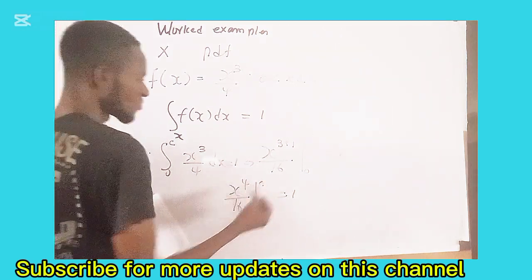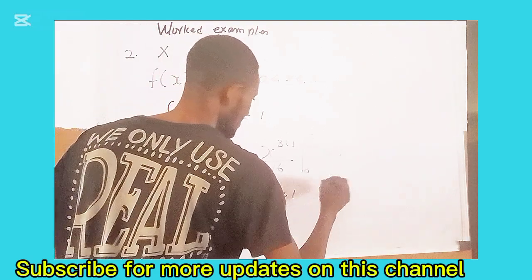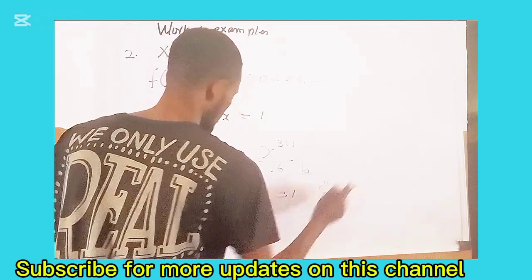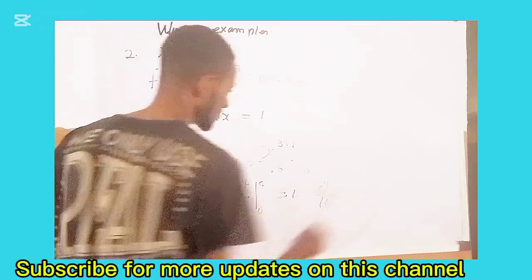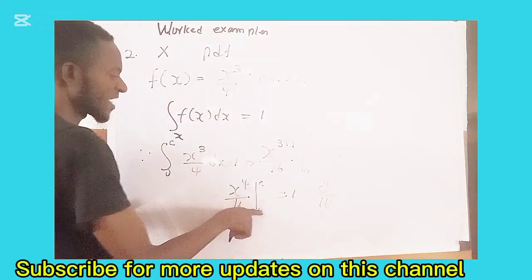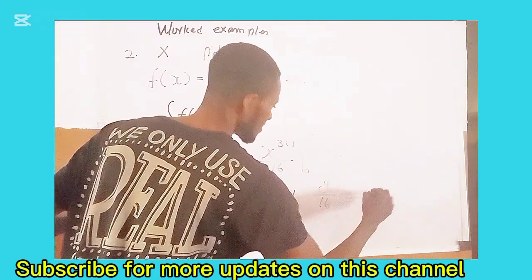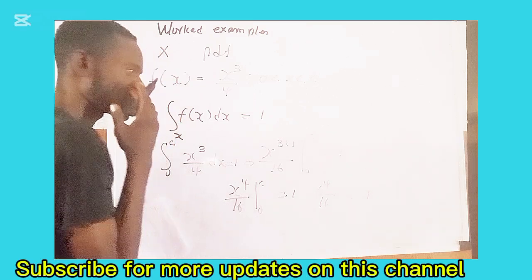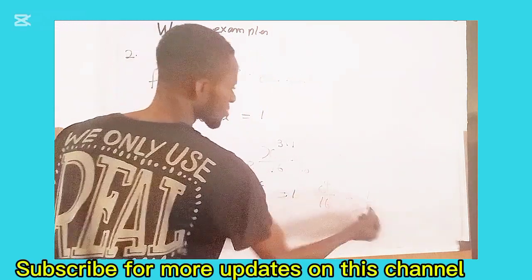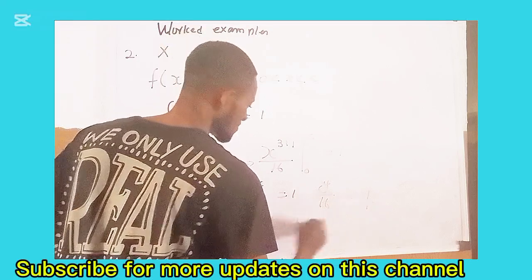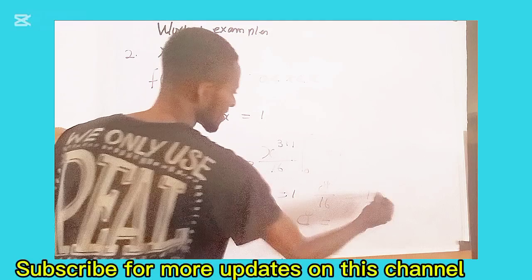Evaluating this when x equals c means it is going to be c raised to power 4 all over 16, minus. I will evaluate it when it is 0, and if you evaluate it when it is 0, everything is gone. So it is good as me saying this equals 1. I can say all over 1 to cross multiply. C raised to power 4 times 1 is c raised to power 4. This equals 16 times 1, which is 16.